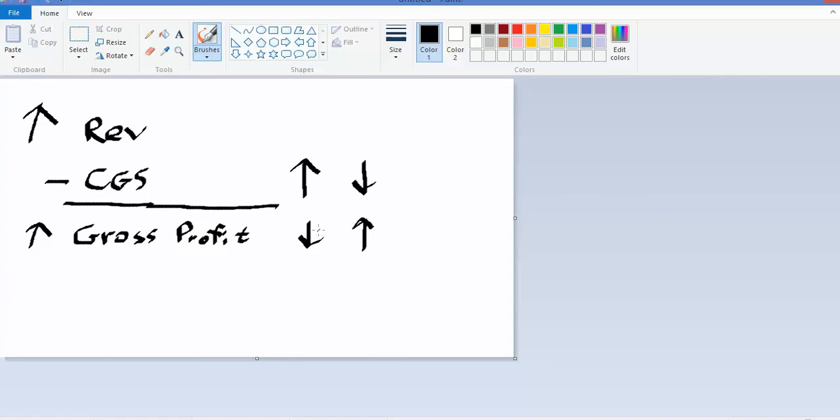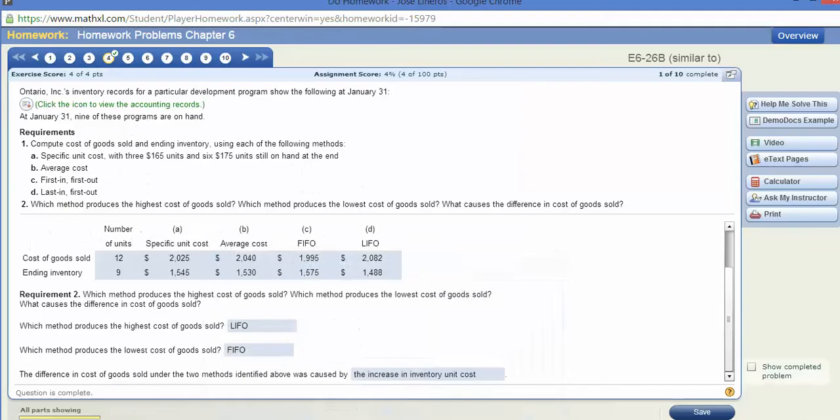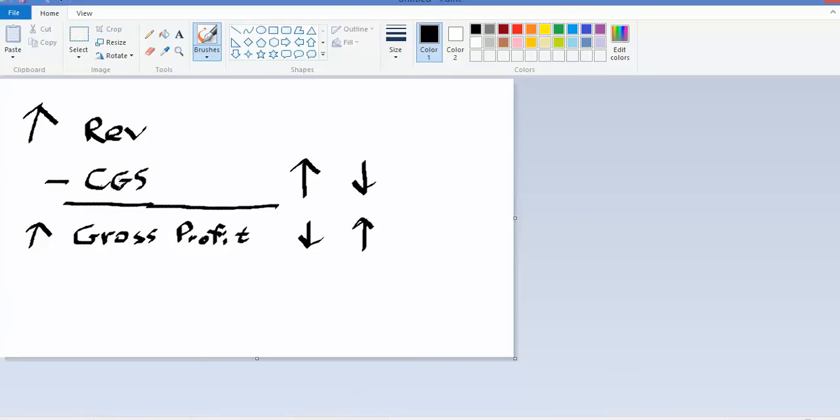The reason this is important is you could easily on this problem be asked which one of these methods will produce the most gross profit. Notice you go, oops, there's no gross profit here. But if you're smart and you're test ready, you know that gross profit runs the opposite direction as cost of goods sold.